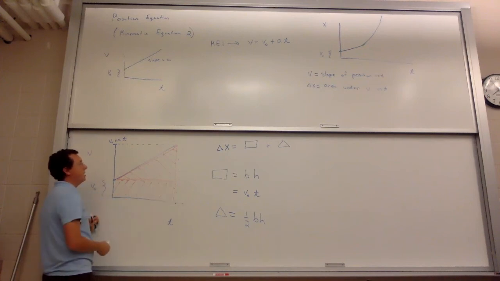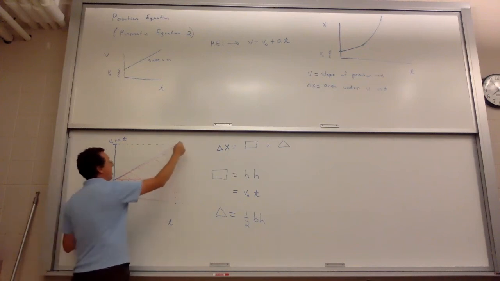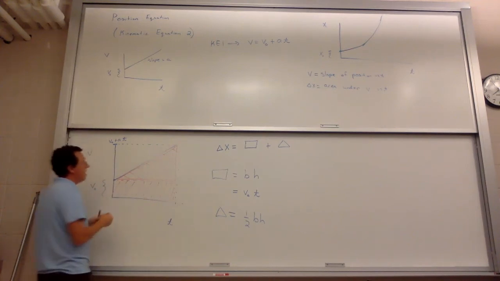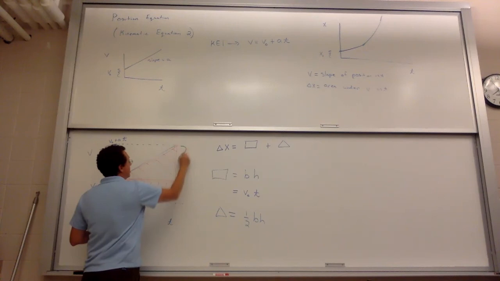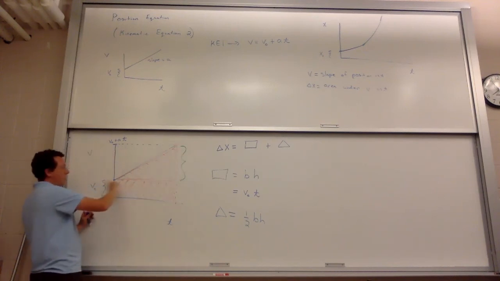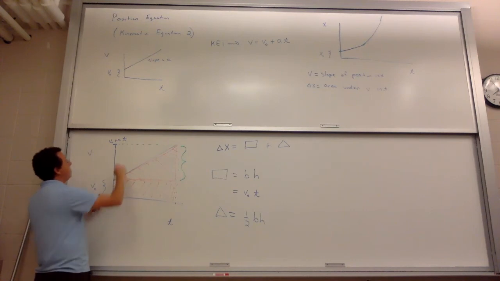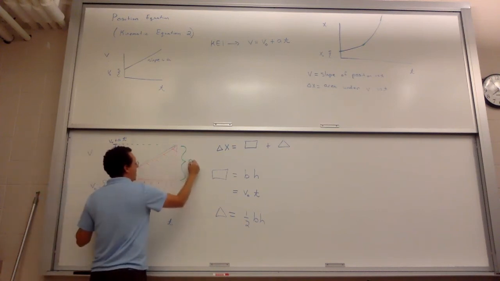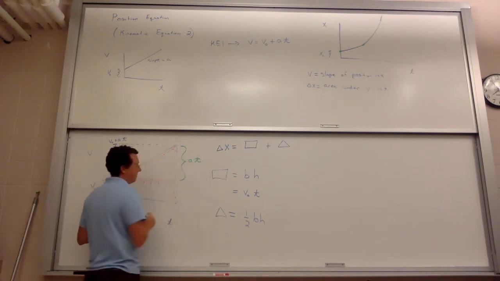What about the height of the triangle? Well, the height of the triangle would be just this height. You don't want to include the bottom of it. So that would be v initial plus at minus v initial. That's just going to be a times t.